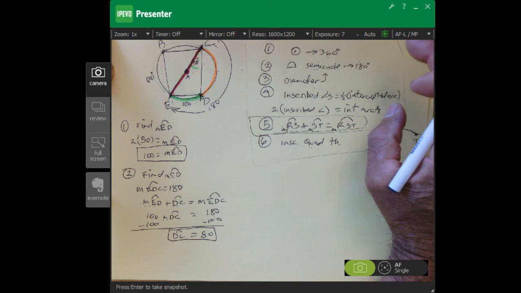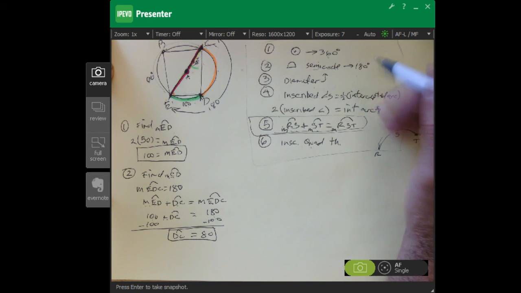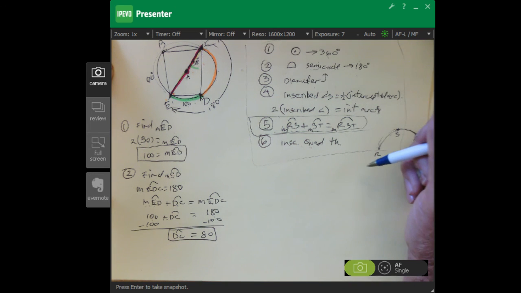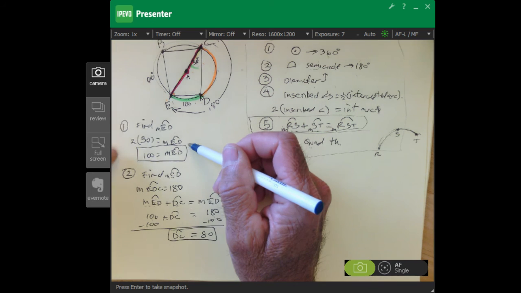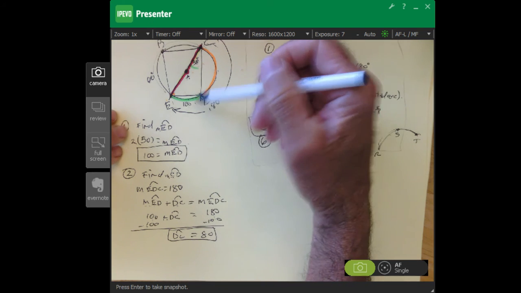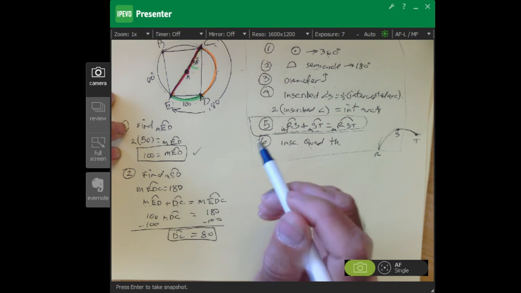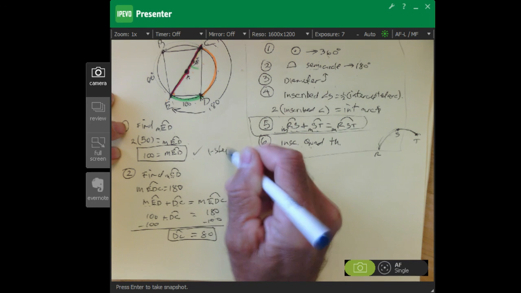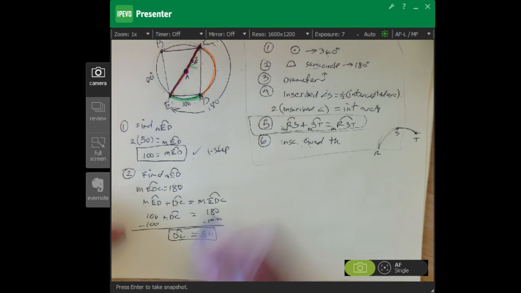And then on all your problems, you say, well, what do I need here? Do I just need this, or do I need more than one? What kind of a problem is it? Is it one where I can find the answer with just one step, or do I need more than one step, like this one?